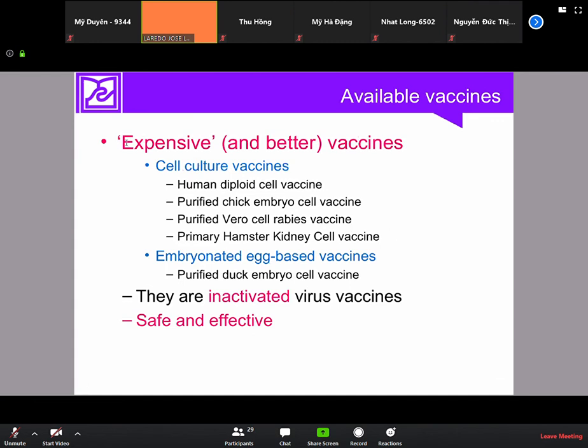Currently, we also have another group of vaccines, the expensive, but also the better vaccines. These vaccines are not made in the brain of animals. These vaccines are made in cell cultures. They are more expensive, but they are safe and they are effective.